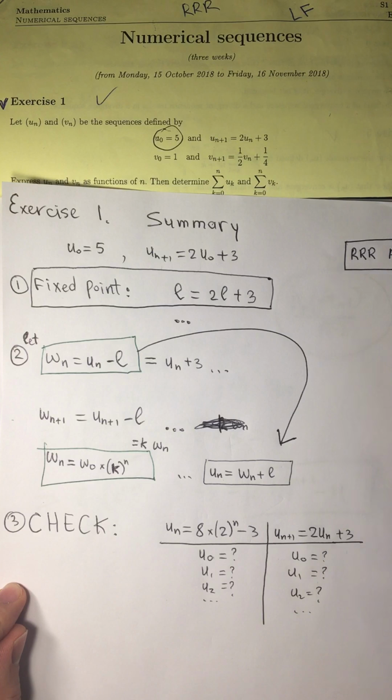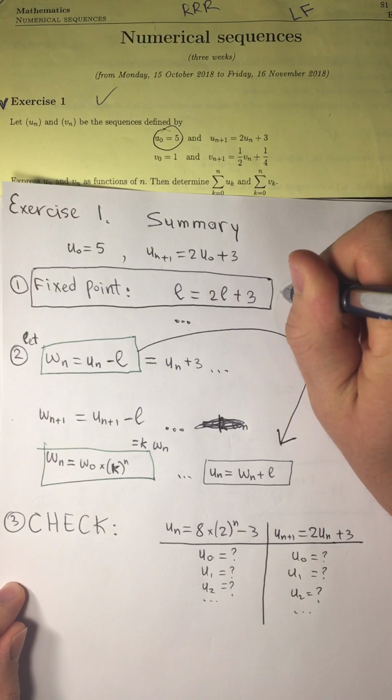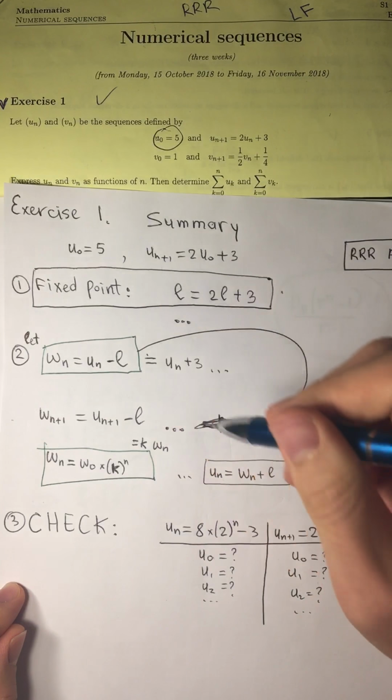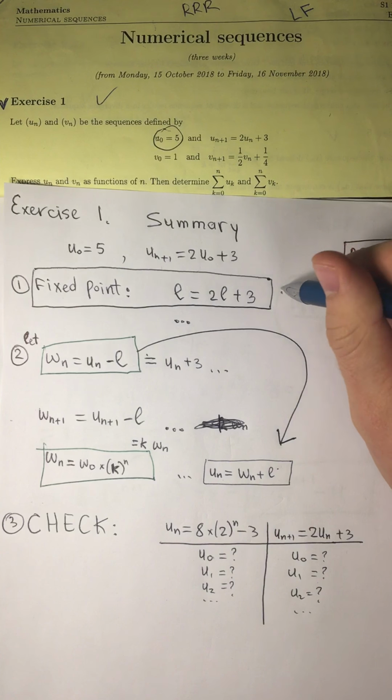You can just stop watching the video here, but I'm going to ask some extra questions, because I know you're asking why the fixed point is this, and why this. If you know the answer, you can stop watching, but if you don't know, you can continue watching. So why do we need this?